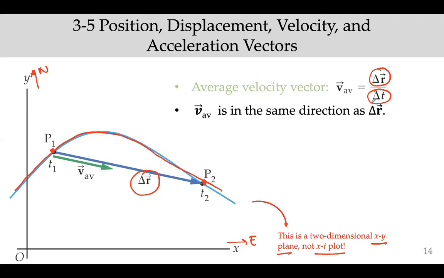And when you divide it by the time, what you get is a vector in the same direction as delta r. But of course, because you divide it by some number, it will have a different magnitude than delta r. But it should point in the same direction as delta r. Why? Because when you multiply a vector by some number or divide it by some number, delta t is not a vector, it's just a number, you still get a vector in the same direction but with different magnitude.